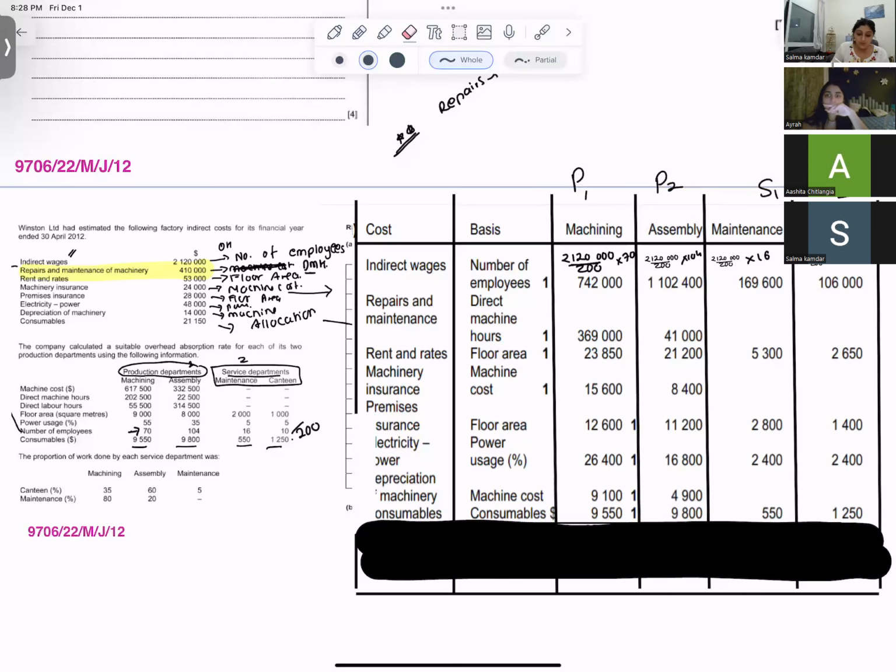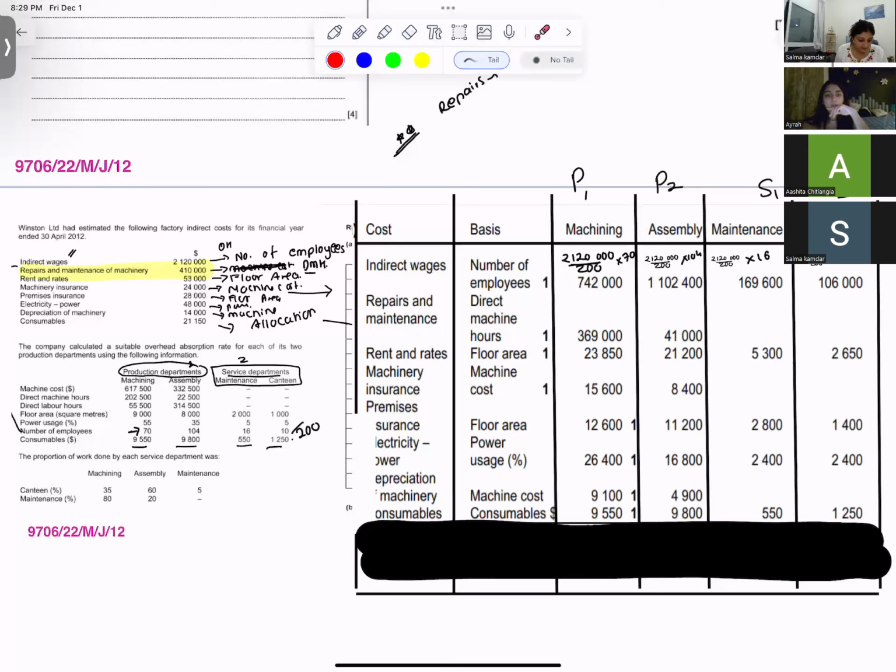Whatever the expense of my service department is, it has to be reapportioned to the production department on a suitable basis. The production department will recover those expenses for the service department, and then they will give them back. Are you with me?